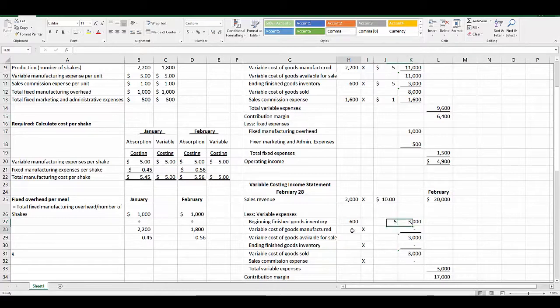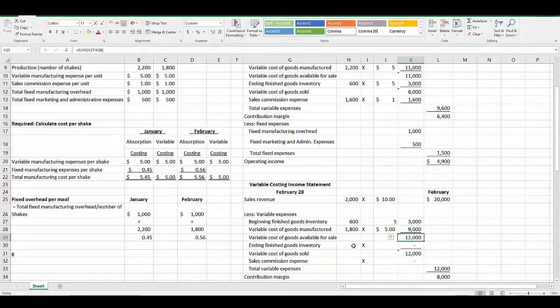The next thing is, we know we manufactured or produced 1,800 in the month of February, and the cost of those is $5. So that's 9,000. So the total cost of your goods available for sale is 12,000.